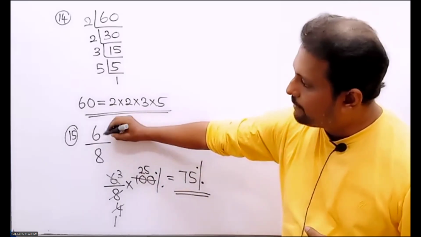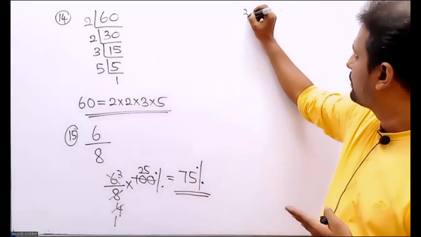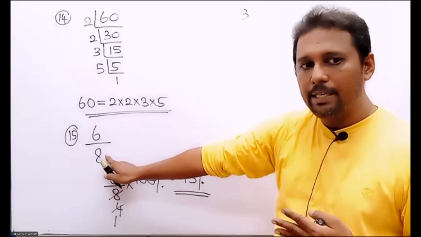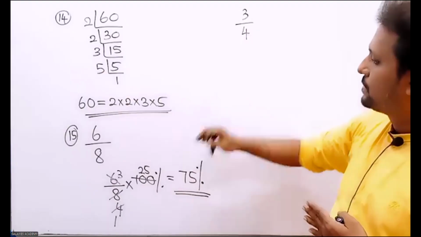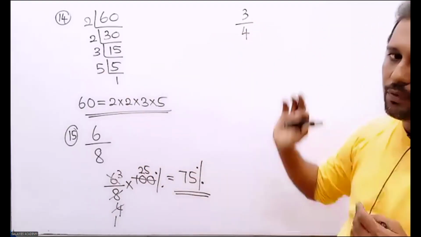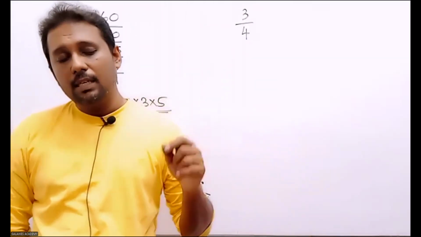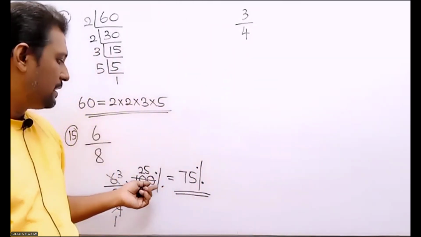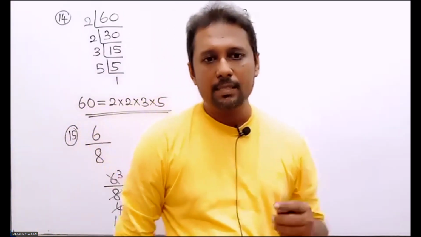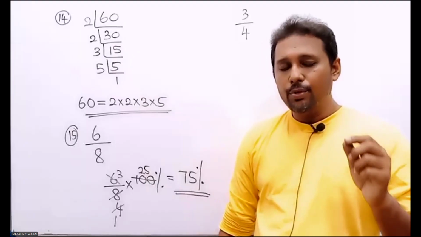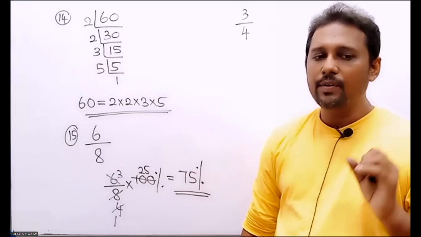These two you can divide by 2, no? 6 divided gives 3, 8 divided gives 4. So this fraction is equivalent to 3/4, right? Then this fraction I can again convert into a percentage, and we get the same answer. How can you convert it into a percentage? It is another method. You can make the denominator 100.